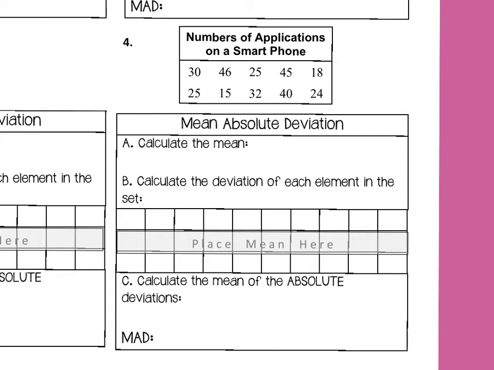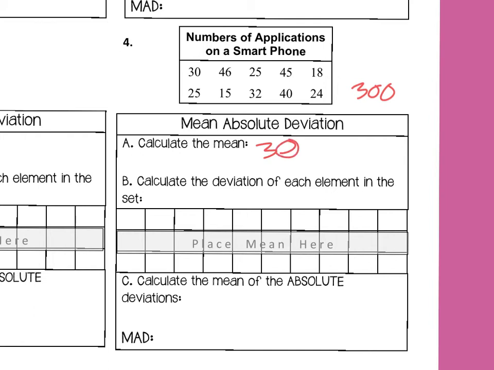I'm going to hit enter, get 300. So I want to record that, make sure that I don't forget it. Then I need to divide by however many numbers there are. So I'm going to divide by 10 again, and I get 30. So the mean is 30.